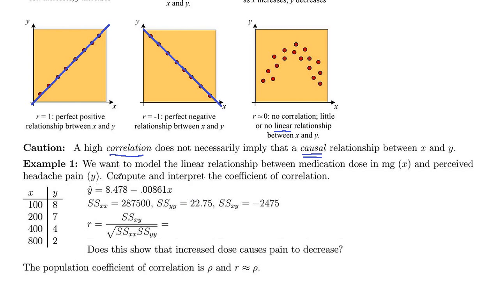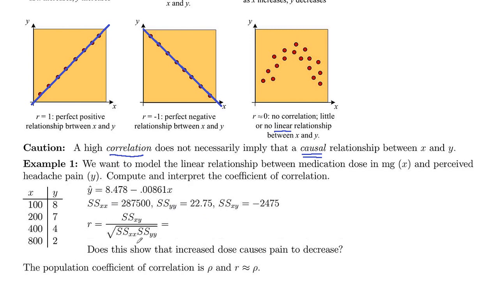So let's look back at our example that we've been working with, where x is our medication dose in milligrams and y is our perceived pain level. Our regression relationship was 8.478 minus 0.00861x. The sums of squares of x, y, and xy here we previously figured out.